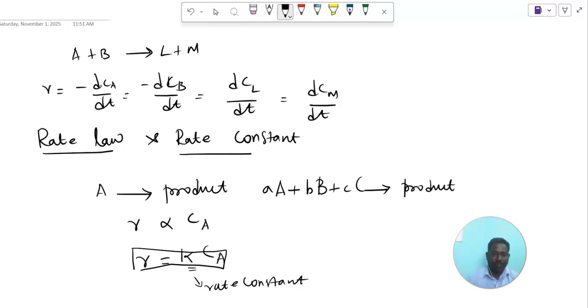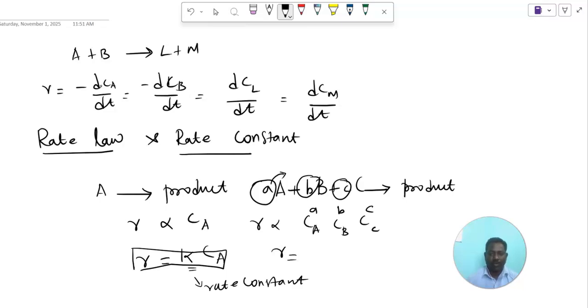Here, rate depends upon concentration of A, concentration of B, concentration of C. Here we have a as a coefficient, meaning how many moles are reacted, and b moles, and here it is c moles. This coefficient comes in the power of the concentration. So Ca to the power a, Cb to the power b, Cc to the power c.